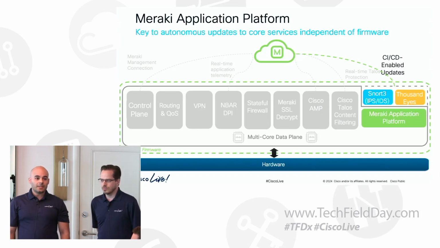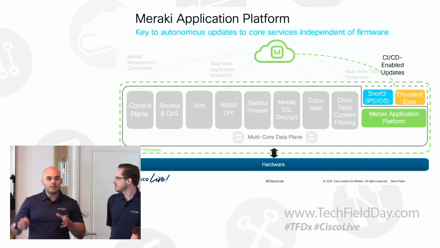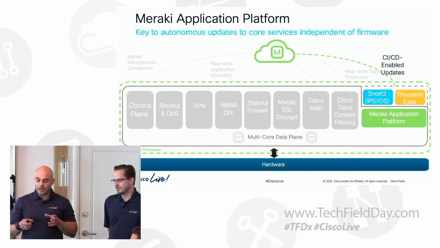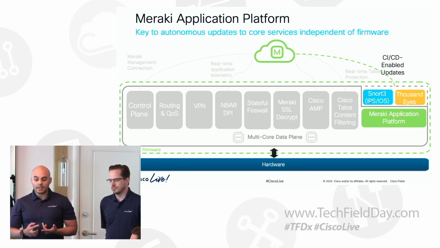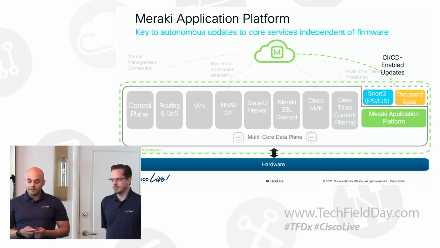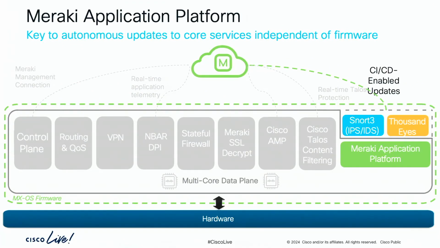With this slide, you'll see that we have the data plane for the MX. Now we have all our features here. So we have routing, VPN, layer 3 firewall, etc. Now, if you look on the right-hand side, you'll see a green box. And that's the Meraki application platform. And just above that, you'll see there's two items that are outside of that data plane. And that's Snort as well as ThousandEyes.